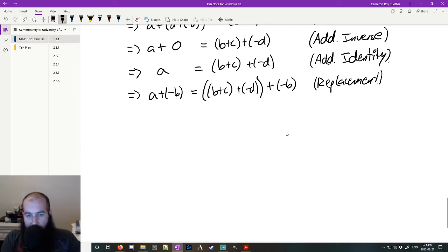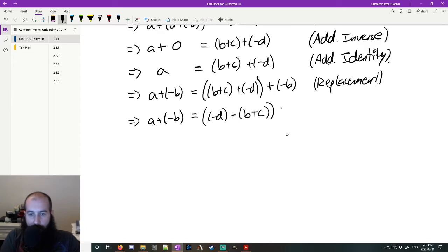And on this side, we have to do some more rearranging to get together this b and this negative b. So we need to do some associativity and commutativity to get this b and negative b together. So let's first commute these two pieces inside these large brackets. By commutativity.